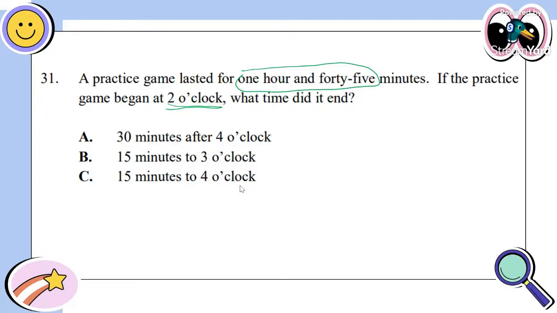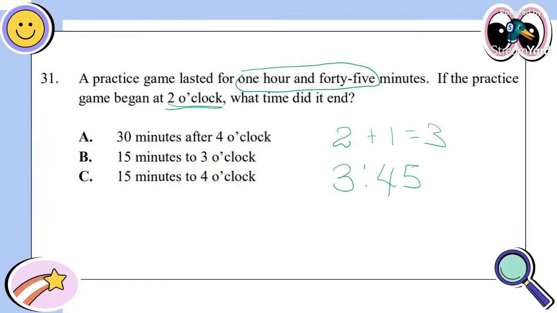If we start at 2 o'clock and it lasts for 1 hour and 45 minutes, so 2 o'clock plus 1 more hour will give us 3 o'clock. Plus 45 minutes would give us 3:45, as you guys said.